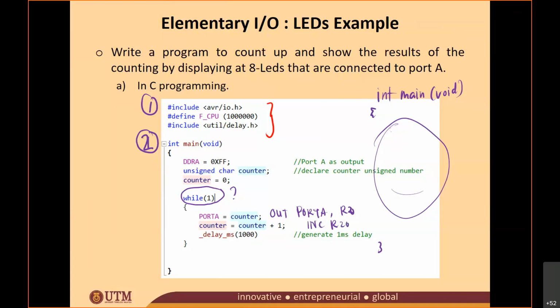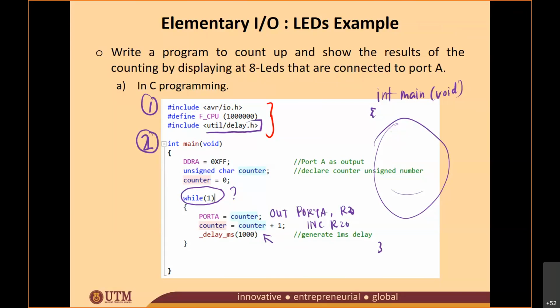Then after that, you call the delay. Since we use the delay function here, just write down _delay_ms(1000) to generate a 1 second delay. Sorry, 1 millisecond delay, not 1 second, 1 millisecond delay.